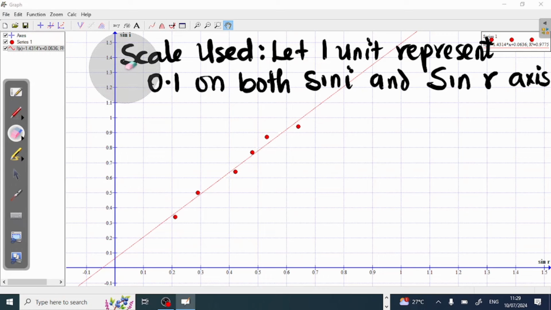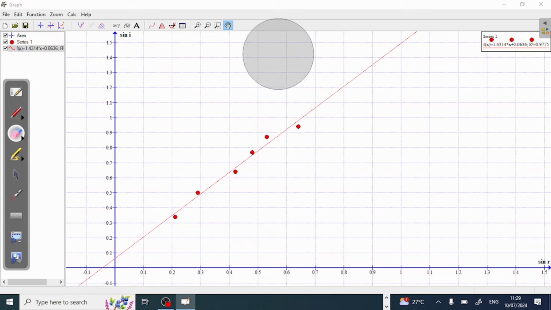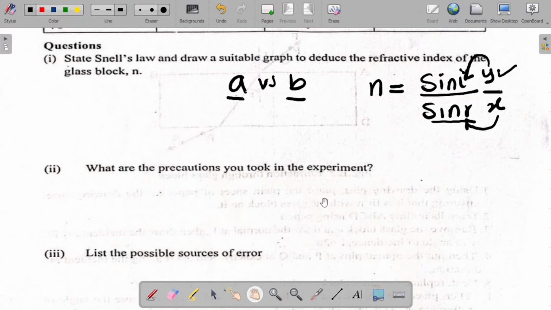Next up. So having gotten our title and scale, what next? We have to find the slope. Let's see. So back to the question. All right, so they said to use a suitable graph to deduce the refractive index of the glass block. All right, so let's deduce the refractive index of the glass block.